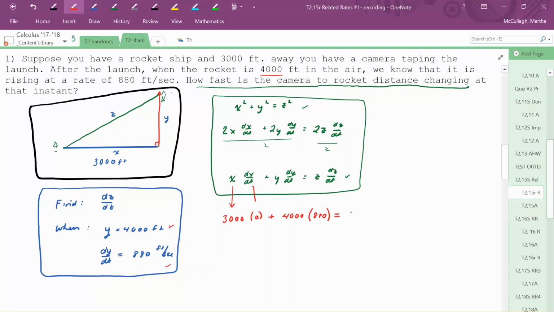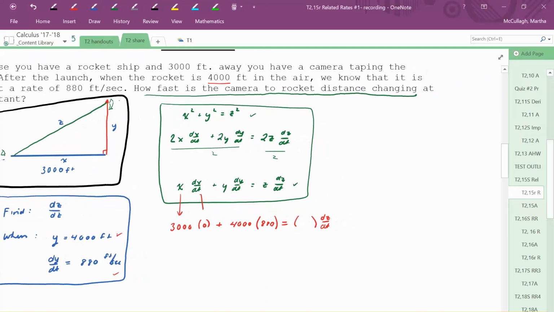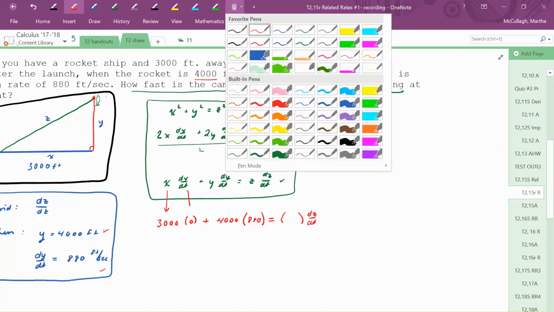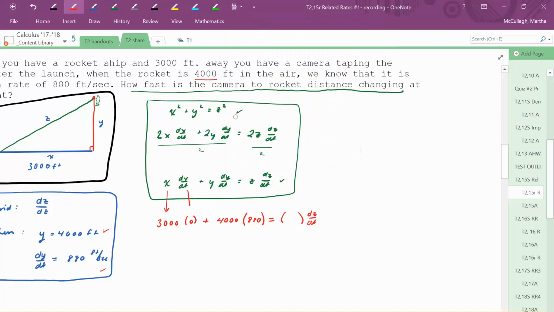Our z value, I don't know that. And the dz dt is what I'm trying to find. Well, in order to find this z value, I'm going to go back to our original equation, our always equation, and our always diagram, but I'm going to make it an at this point in time diagram.